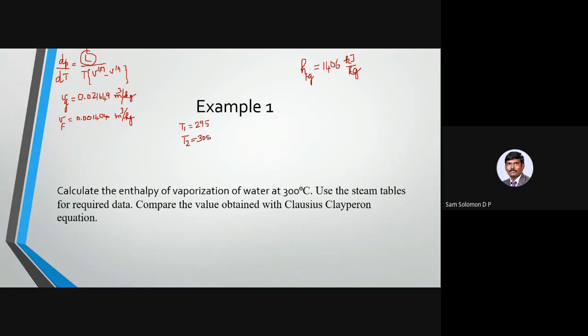For this, identify the corresponding saturated pressure values from the steam tables. What is the value of P1 and P2? For P1, 295, it is 80.037 bar. I have old steam tables in my hand, so this value may be slightly different from the steam tables that you have. And P2 is 92.144 bar.